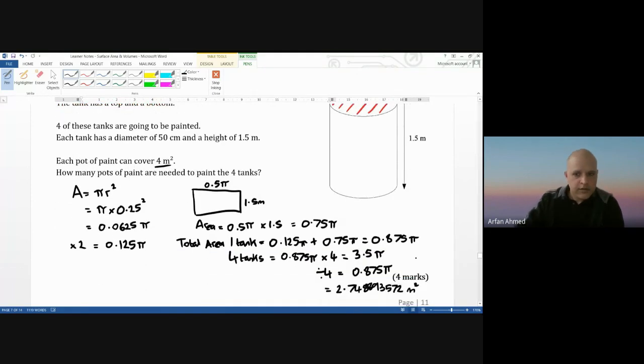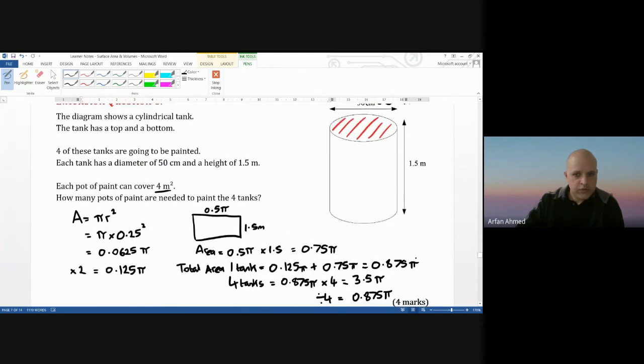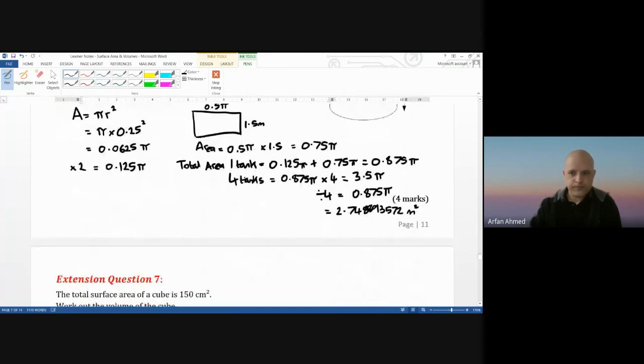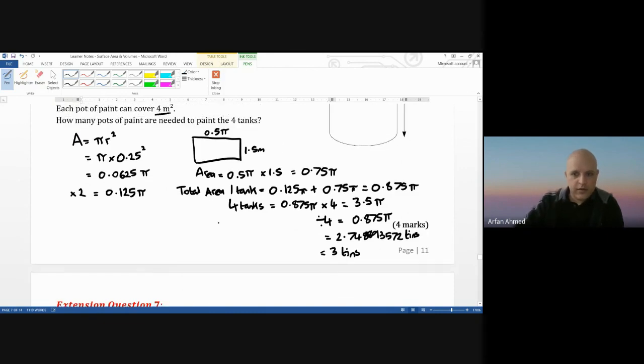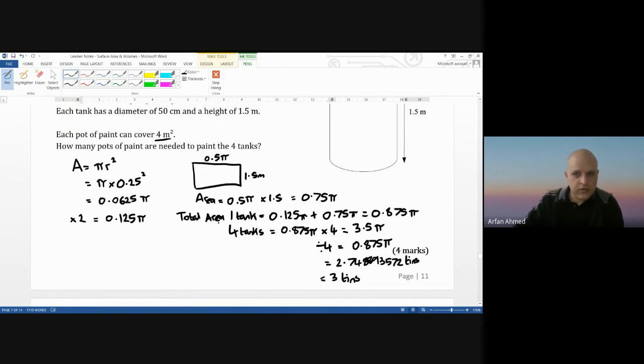Is that our answer? Obviously, I can't buy 0.7 of a tin. Oh, sorry, that's not meters squared. That's going to be tins, isn't it? So that's how many tins? I need 3 tins, because 2 wouldn't be enough. There's your answer, 3 tins. Yep, that is your final answer.